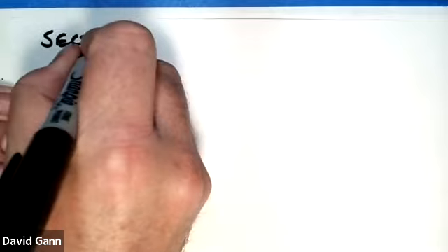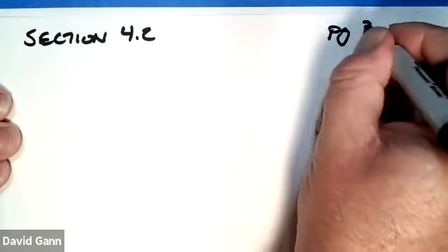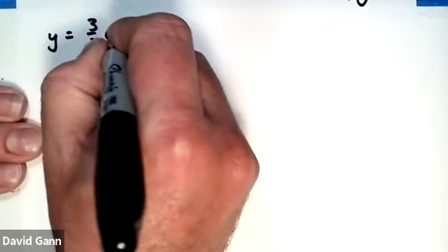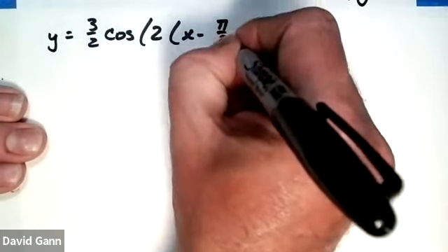I'm going to go ahead and repeat, well, I have the equation. All right, page 3 here. So again, I'm going to graph the equation y equal to 3/2 cosine of 2 times x minus pi over 2.